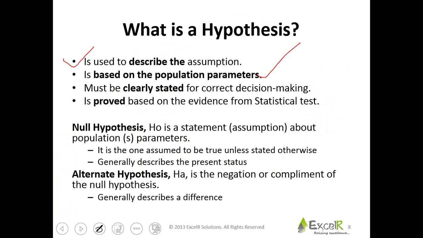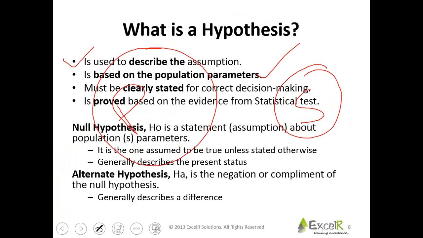Yeah. The next thing is hypothesis is based on the population parameters. Always we make statements about population using a sample. And whenever you're discussing about population, if it is mean or average, it is represented using Greek letter mu.